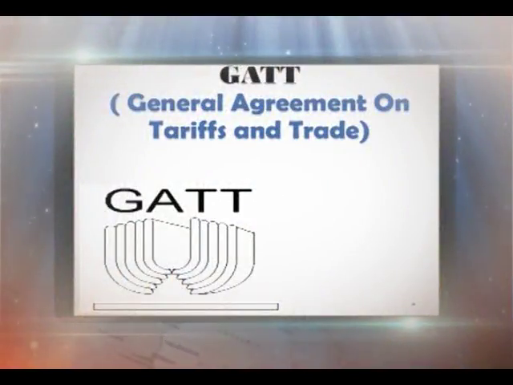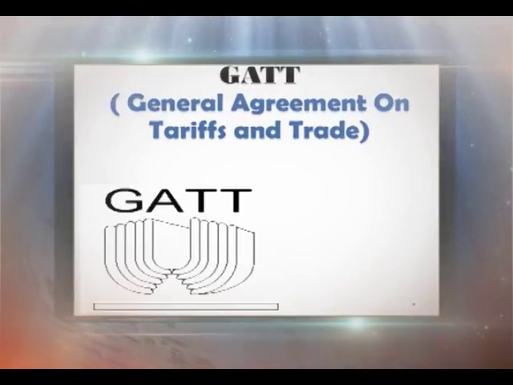In line with the Bretton Woods Agreement, another agreement came into force in 1947. It was known as the General Agreement on Tariffs and Trade, popularly known as the GATT.